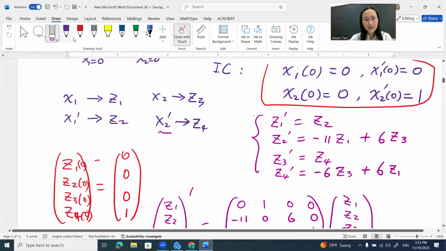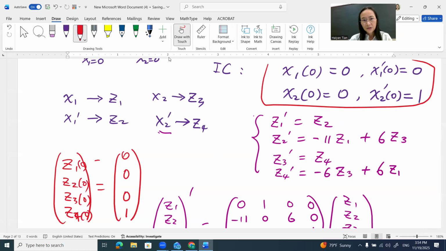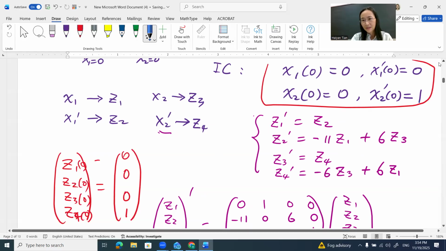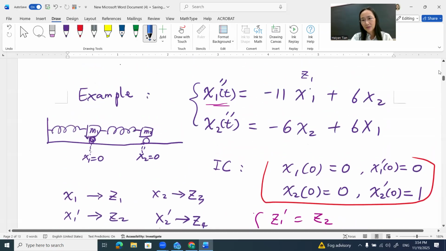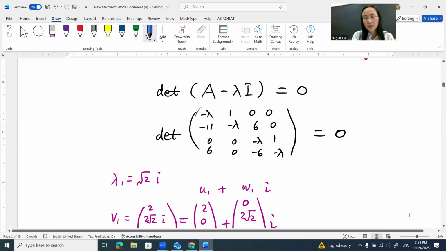So that's the initial condition for this problem, for the linear system, as opposed to the initial condition for the second order equations. At the beginning, we looked at second order equations. Okay, so now we are going to continue to decide.